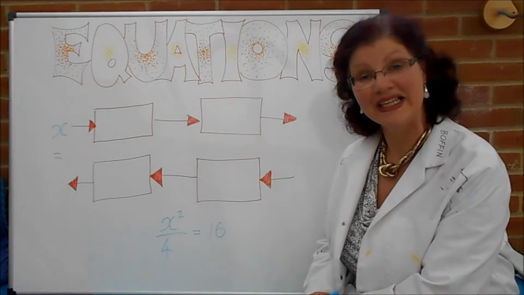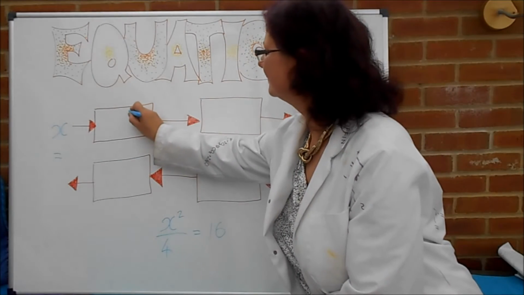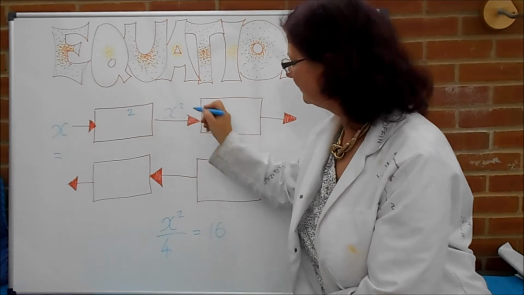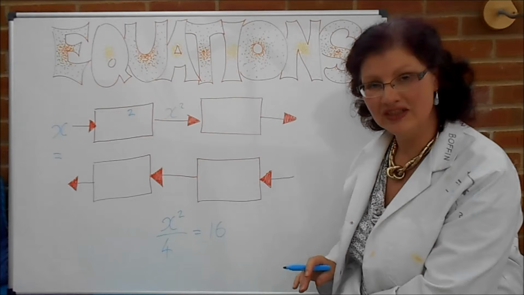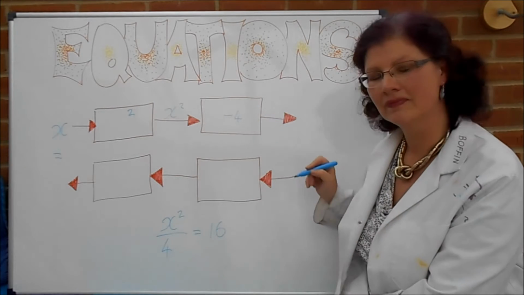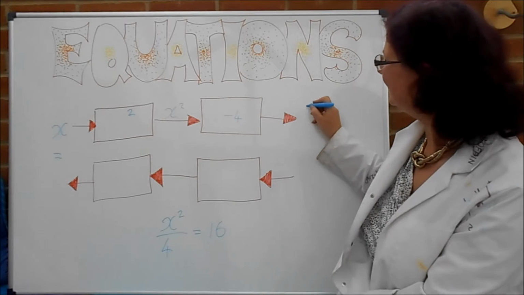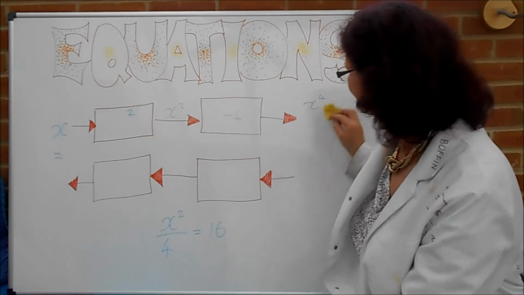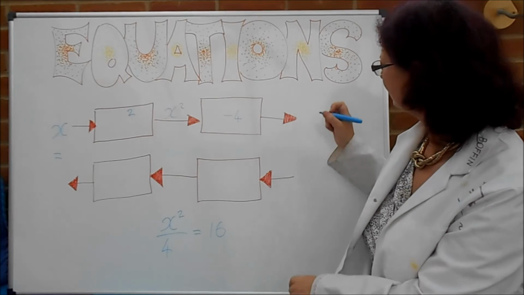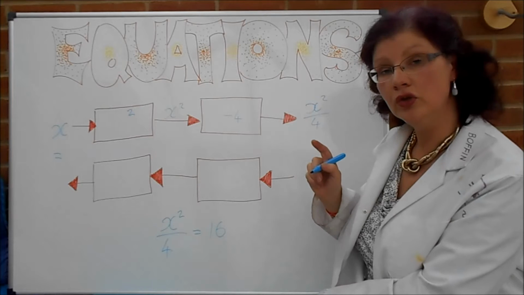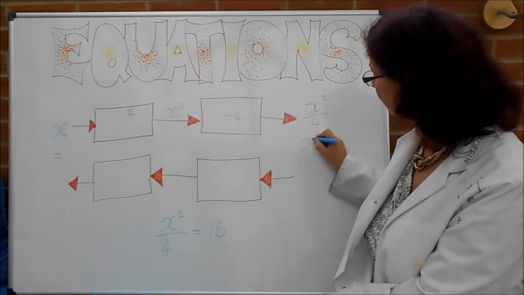Right, the first box again is squared, which gives us x squared. And the next box is divided by 4, which gives us x squared divided by 4. You could, if you want, write it like this.